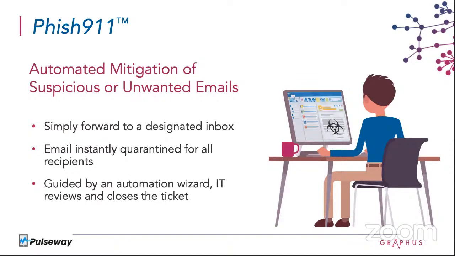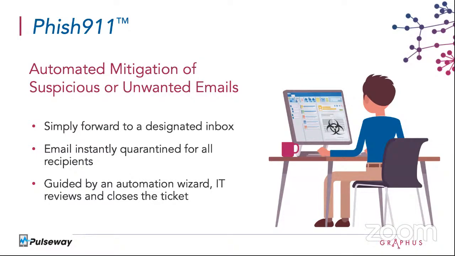They view certain key elements within the platform that will tell them whether it is a spam email, whether it is a malicious email. And if it's a malicious email, they simply close the ticket. The email stays in quarantine. The reporter is notified that, hey, thank you for forwarding. This was a bad email, and has been taken care of.